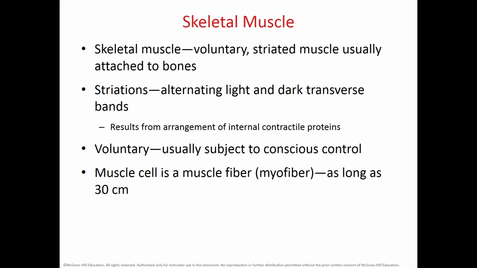So this pattern of striations that we have in the skeletal muscle, seen under the microscope, is made by proteins that create alternating light bands and dark bands.